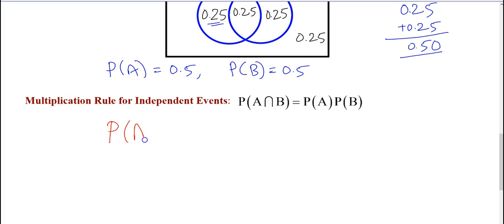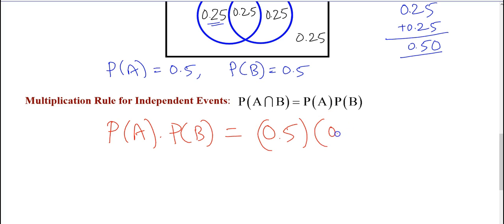P of A times P of B is equal to 0.5 times again 0.5, which is equal to 0.25. 5 times 5, 25, and decimal point is after 2 digits, so 0.25 you got.